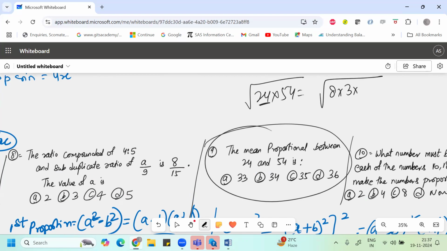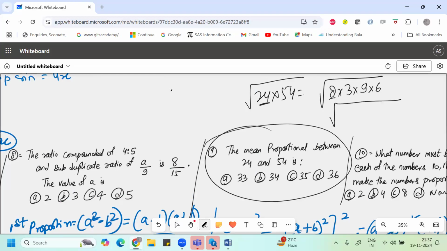And what is 54? 9 sixes are. So I can write 8 as 2 cube, 3 as 3, 9 as 3 square, and 6 as 3 into 2.